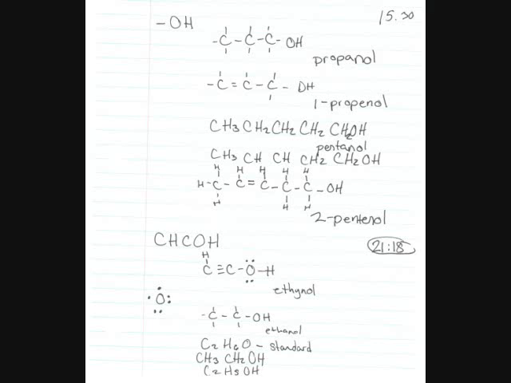Oxygen's got 2 pairs of electrons that are unshared. Normally, not all the time, those stay paired, unless we get into resonance structures. So oxygen can only form 2 bonds, but it will have these 2 pairs of electrons. Not that that really comes into play when we're naming them, but it's good when we're looking at the structure. So now, how would I name this?